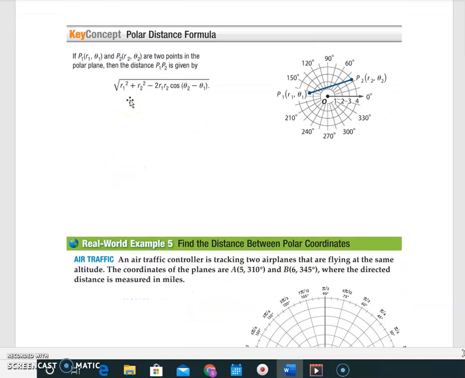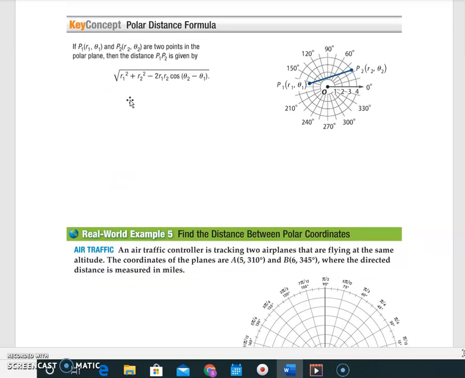Another thing we can do with rectangular coordinates is find the distance between points, and we also have a formula here for the distance between 2 polar points. We have point 1, which is r1, theta 1, and point 2, which is r2, theta 2.